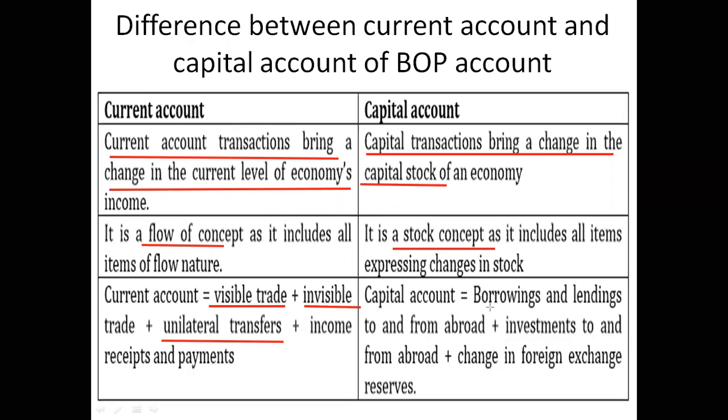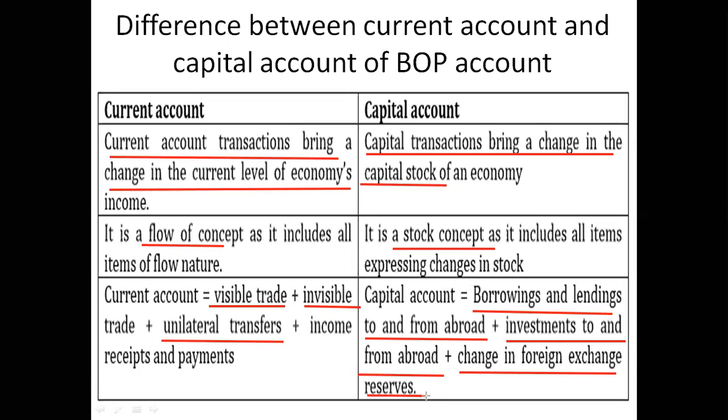Capital receipts and capital payments, such as borrowings and lendings to and from abroad, उधार देना abroad में या उनसे लेना, इन्वेस्टमेंट बाहर अब्रॉड में करना या उन लोगों से हमें इन्वेस्टमेंट मिलना, क्योंकि एसेट और लायबिलिटीज से बेस्ड हैं चीजें. And last but not the least, change in the foreign exchange reserves. फॉरेक्स के अंदर चेंजेस होना, that comes under as a difference between current account and capital account.